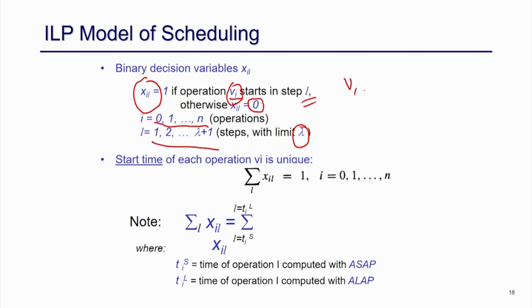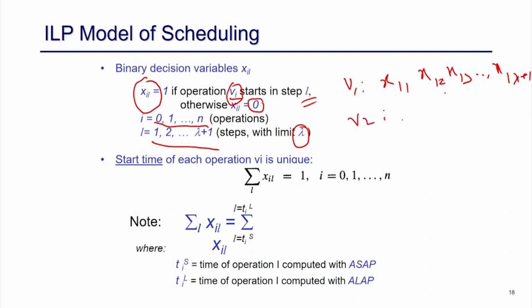For operation v 1, I have x 1 1, x 1 2, x 1 3, up to x 1 lambda plus 1. If operation v 1 is scheduled in time step 1, then x 1 1 will be 1, and if it is scheduled in time step 2, then x 1 2 will be 1, and so on.